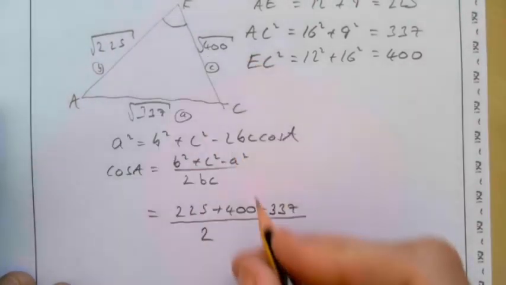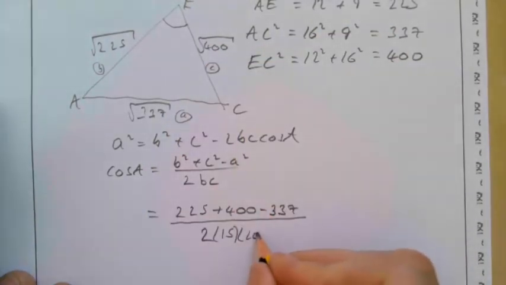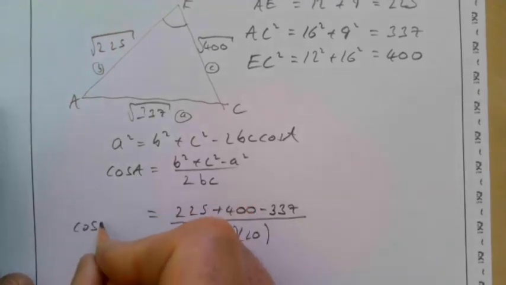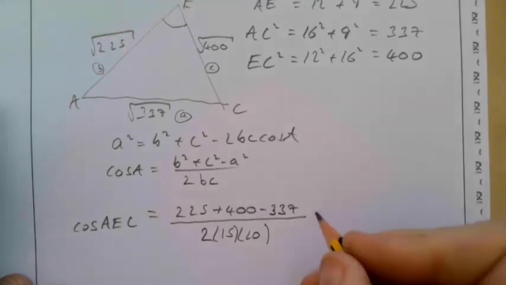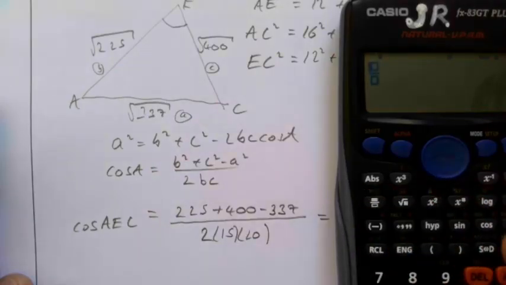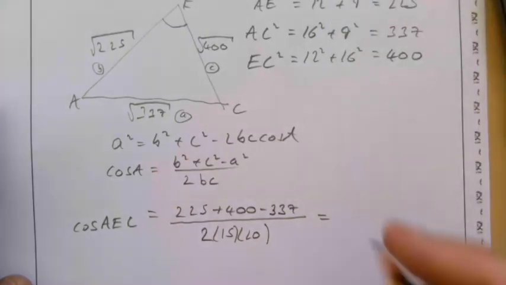And the square root of 225 is 15. And the square root of 400 is 20. Hope I didn't lose you there. And that's cos A, B, C. If you put this in your calculator, let's see what we get. So we have on the top 225 plus 400 minus 337 all over 2 times 15 times 20 equals 12 over 25, which is 0.48.